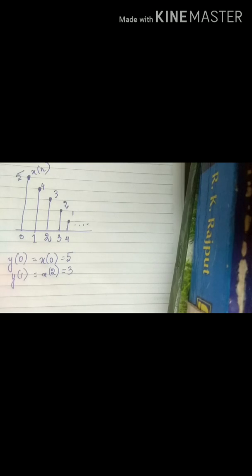Then y of 1 will be equal to x of 2, that will be equal to 3. Then y of 2 will be equal to x of 4 because it is 2n. So whatever the value over here, here it is equal to 1 and so on.